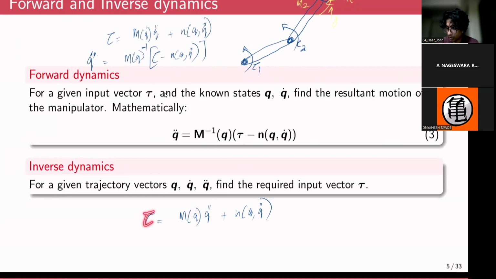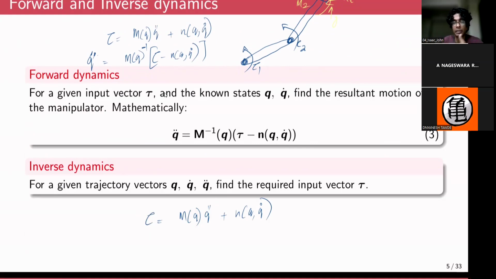So to find out the desired torque so that the robot follows a desired trajectory, we first need to find out what the positions, velocities, and accelerations are on each of the joints. So that is why we need these propagation equations.